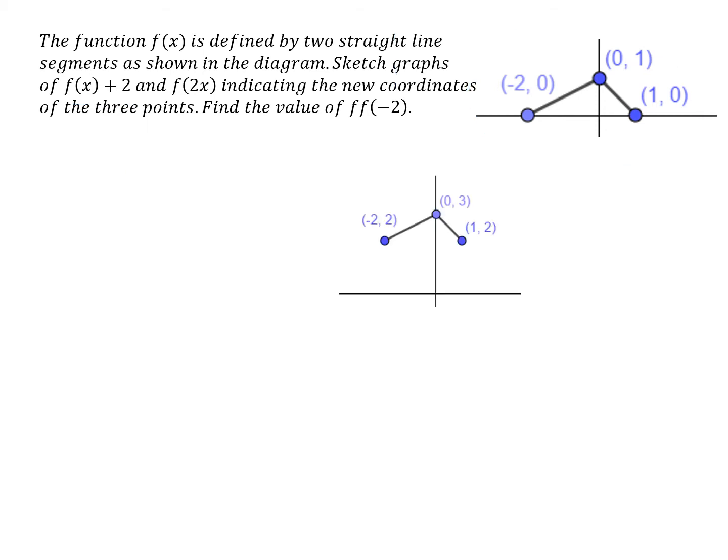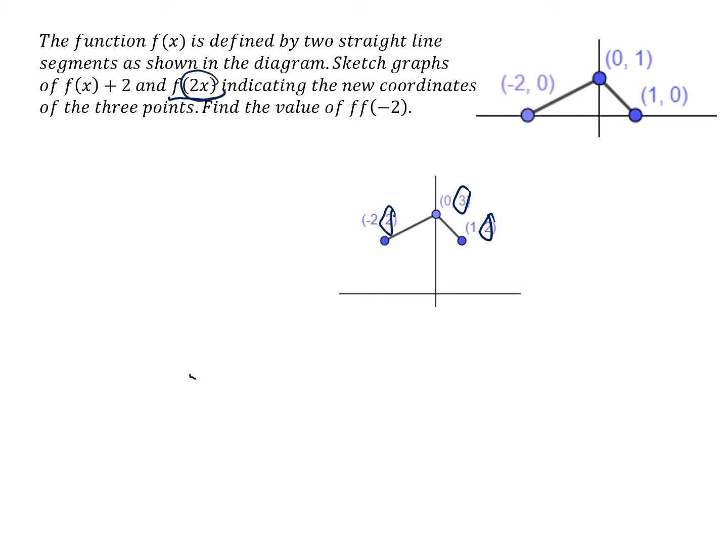Notice that the y coordinates of each of the points have increased by 2, but the x coordinates have remained unchanged. Now, when we look at the second part, f of 2x, instead of changing the values of y, we're changing the values of x.